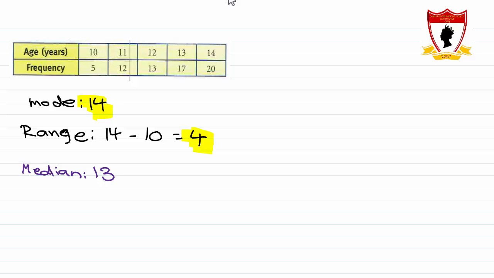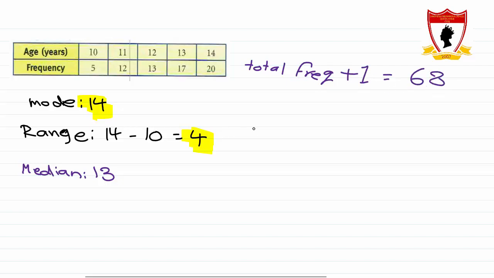Plus 1 is 68. The total frequency plus 1, that gives 68. Then divide by 2. 68 divided by 2 gives 34.